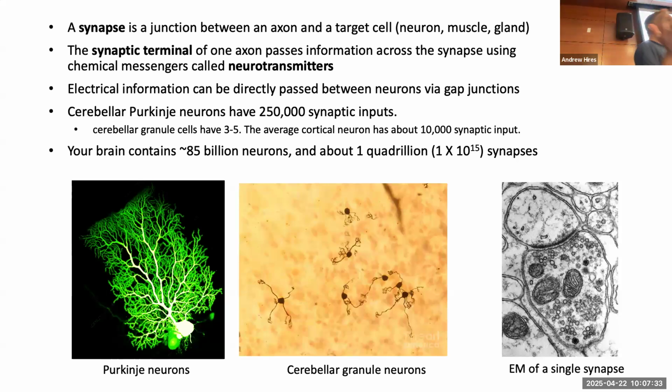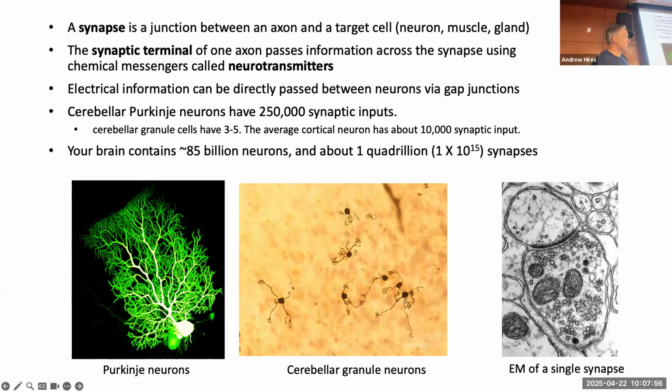If you want the average number of synapses onto a neuron in the brain, say one of those pyramidal neurons we looked at, let's say on average about 10,000 synapses per neuron. And if we've got 85 billion neurons, we've got about a quadrillion synapses in our brain, really quite a few to count.